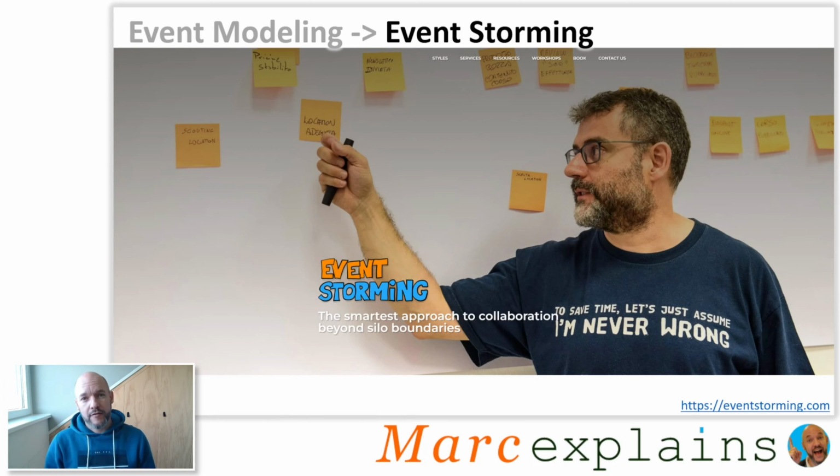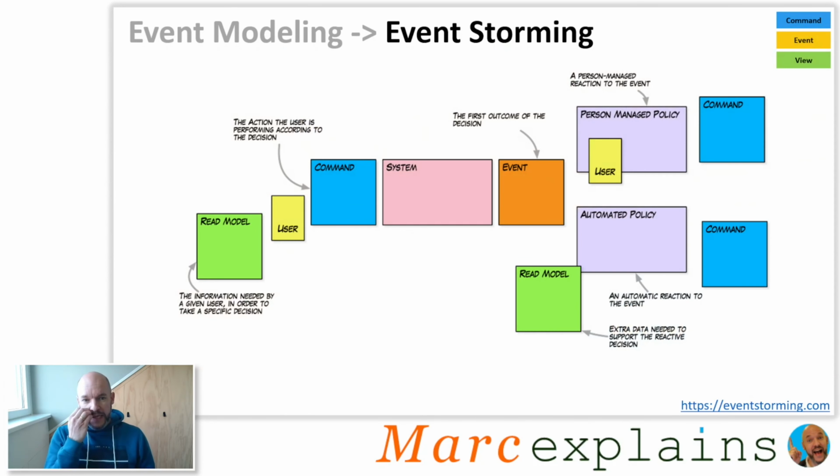Alberto has very rich documentation and an introduction on event storming at eventstorming.com, so please check that out and see how he introduces event storming. And the idea is that you have a brainstorm or event storm on your whole system, or maybe in parts, in partitions, where you are looking for, okay, what's the read model? What is the action of a user then?